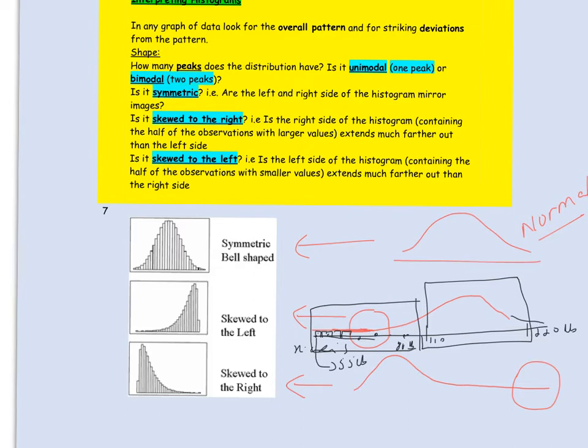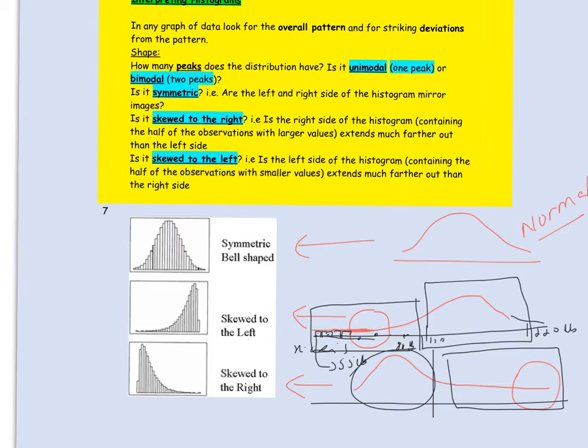Now, if you think about this last distribution, the skew is to the right. By the same logic, if you just think about this portion of the distribution, it forms a symmetrical bell shape.